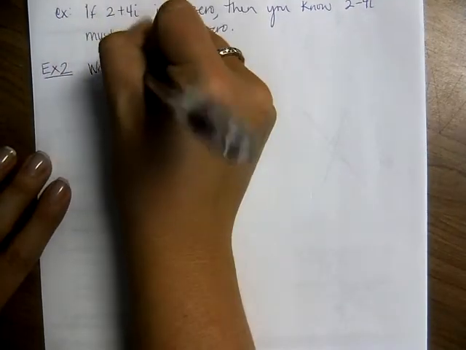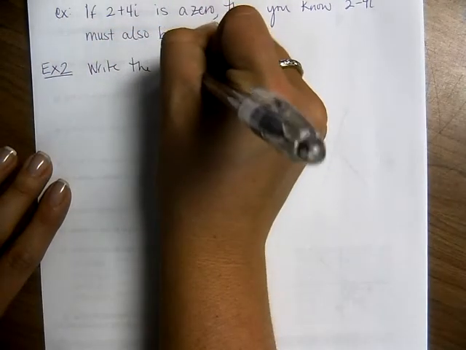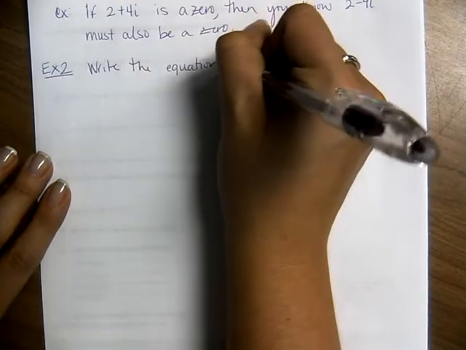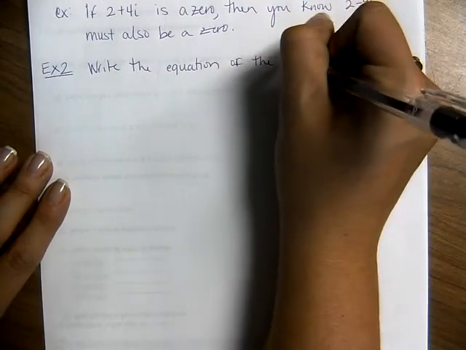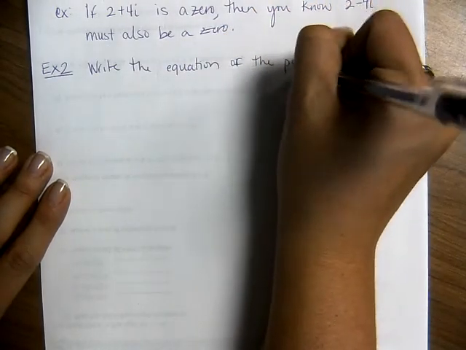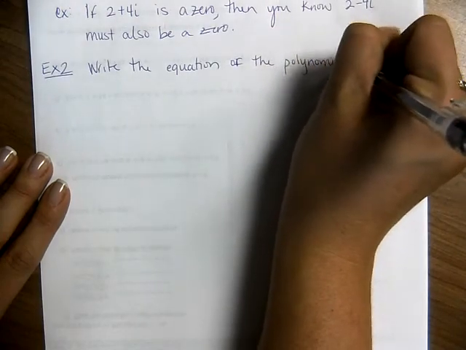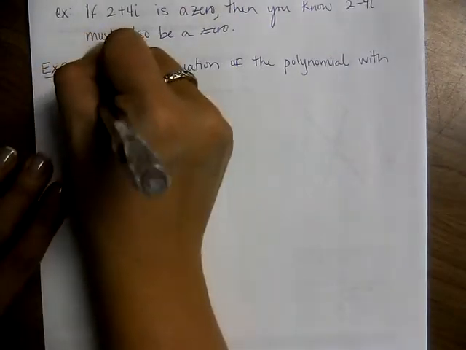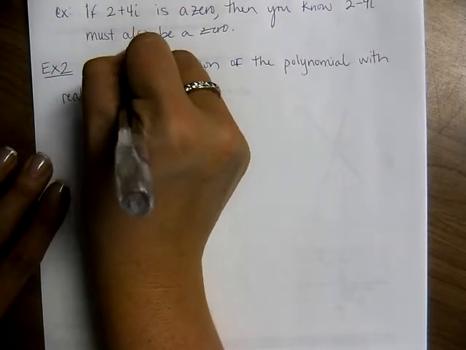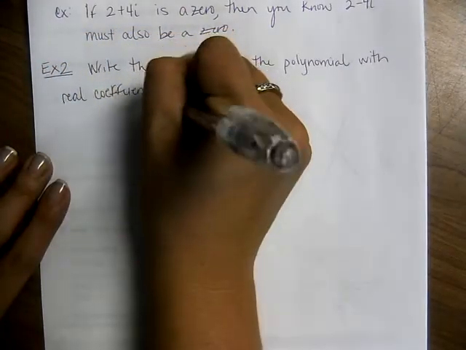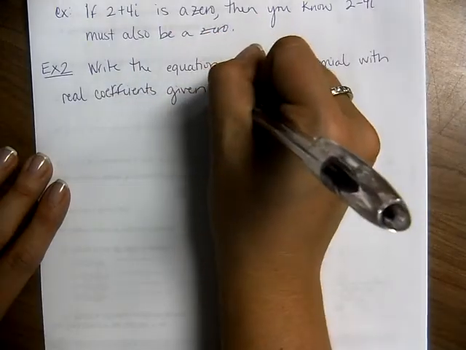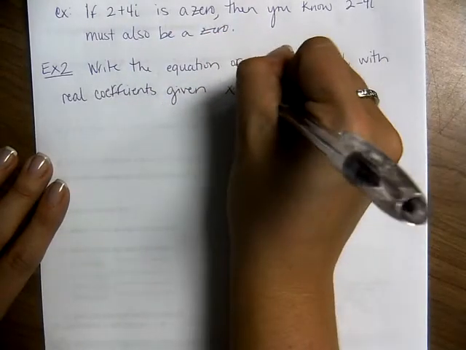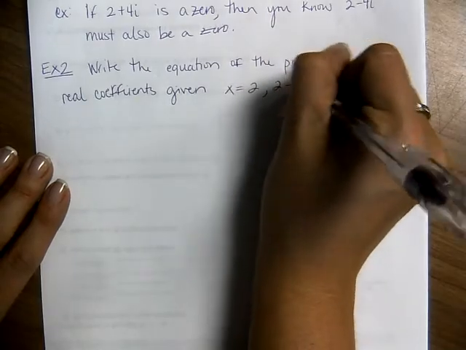Write the equation of the polynomial with real coefficients given x equals 2 and 2 minus 3i.